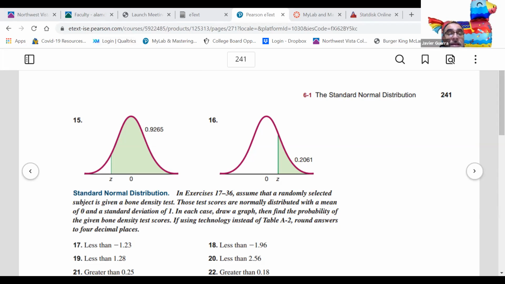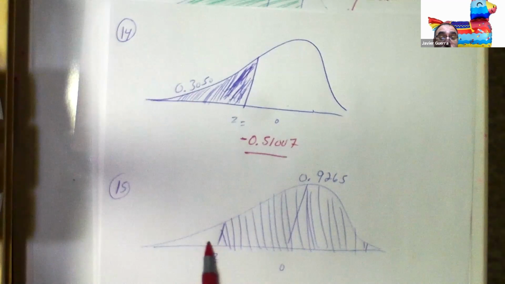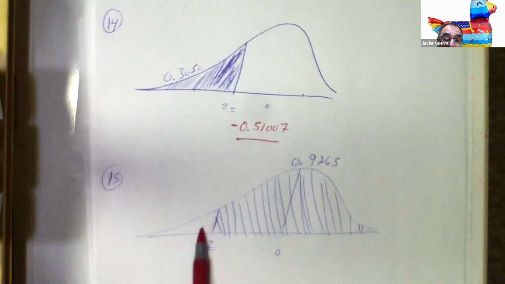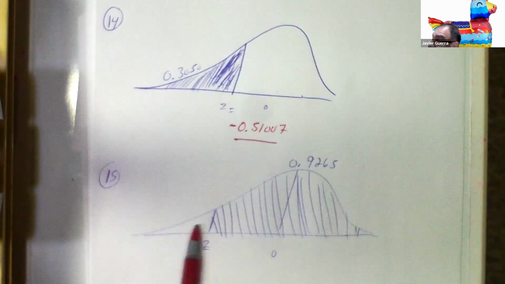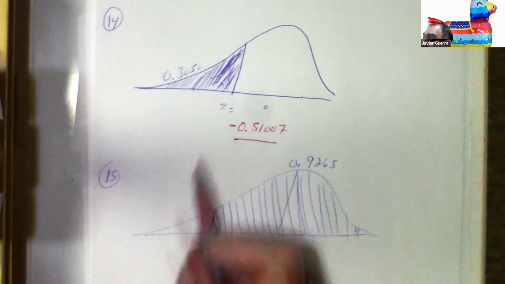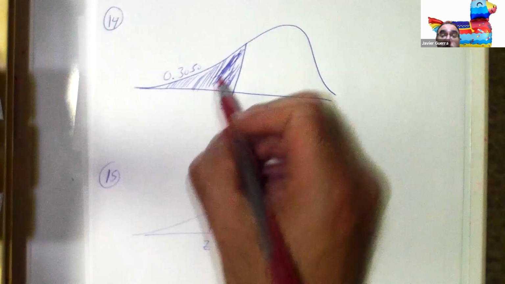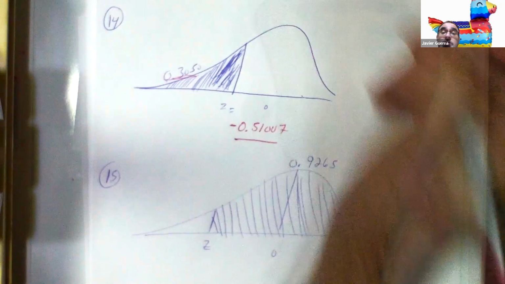So what you have to do is figure out the space right there. We need to know that number because that's the only number that StatDisk will take. It can only take the left numbers. I know the right side is 0.9265.